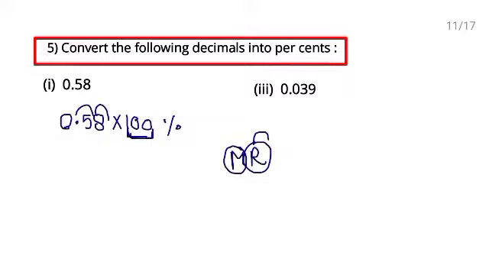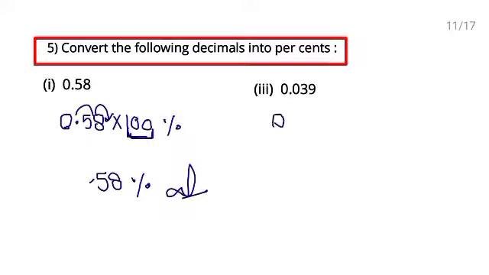Okay, why? Because 1 place, 2 place. So now this will be 58.00%. And how can you simply write it? 58%. Because after the decimal you just have zeros, so your answer is 58%.